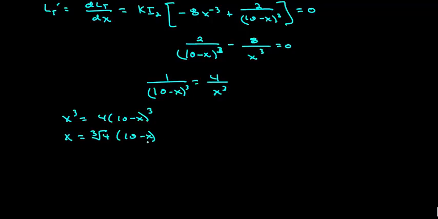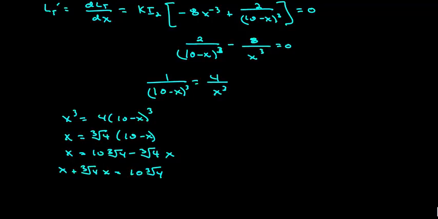And so if we go ahead and play around with this a little bit, that'll be x is equal to 10 times the third root of 4, minus the third root of 4 times x, just like that. So if we want to get all the x's on one side, that'll be x plus the third root of 4 times x is equal to 10 times the third root of 4.